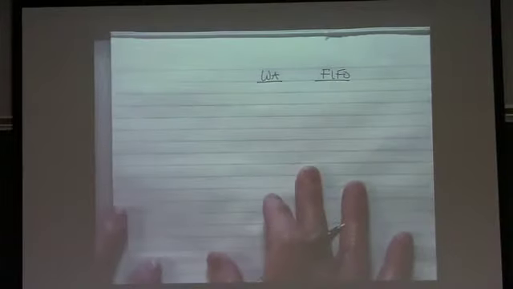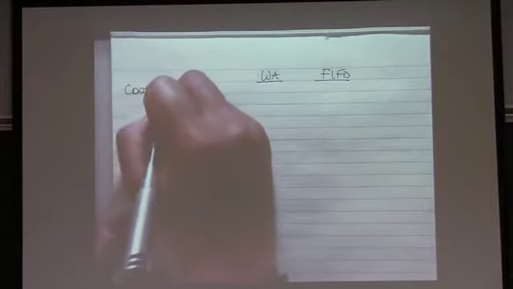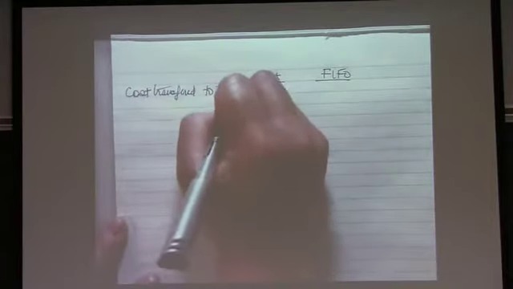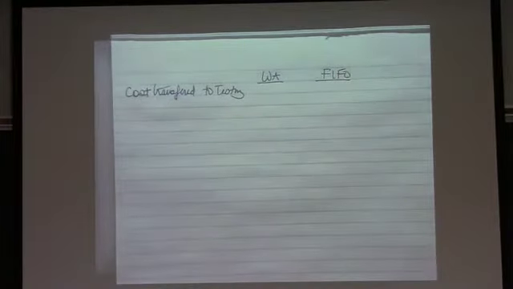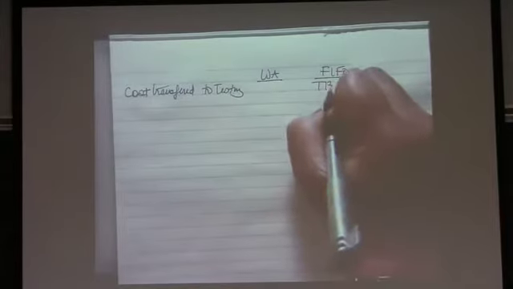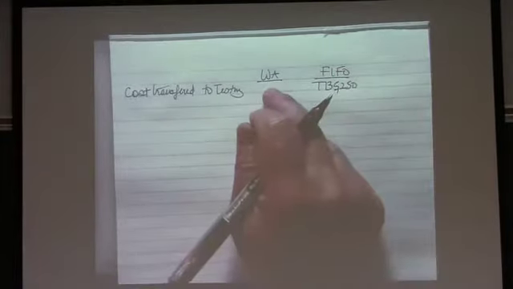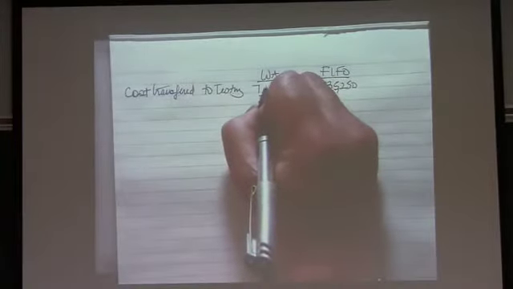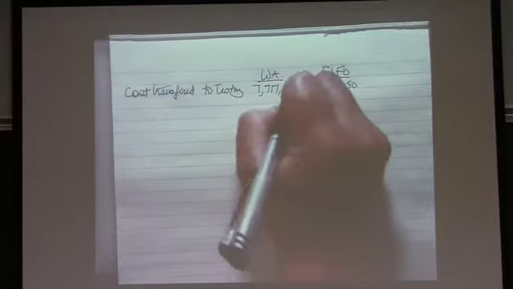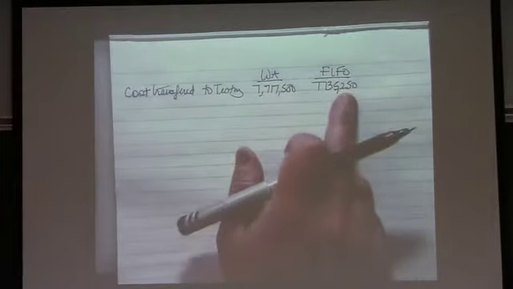You'll see that the cost transferred to testing, so these are all the completed, under FIFO we saw was 7,735,250. Under the weighted average, the one that we did in the previous video, is 7,717,500. So this FIFO is much higher, right?